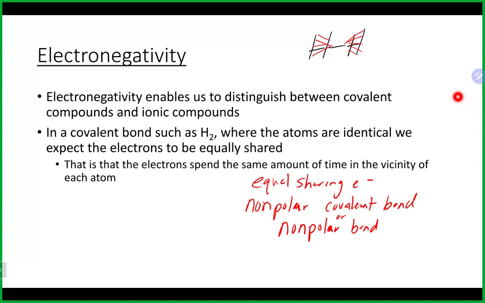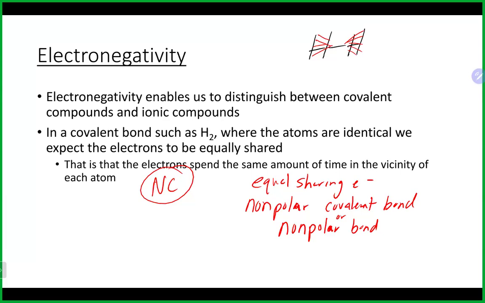There is no positive side, there is no negative side. All the electronegativity is spread out nicely and equally. Everything's balanced, so this is a neutral or no-charge situation in this bond. Again, there is no positive side or negative side. And that is a nonpolar covalent bond, equal sharing of electrons.